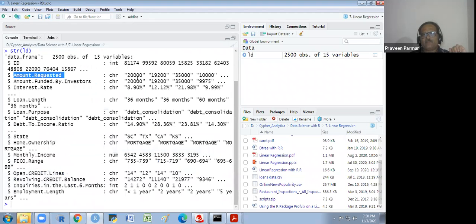Amount requested is a numeric data, but it is in quotes. So it is character now. So we have to convert this in numeric form. Amount funded by investor, we will delete it. We don't have to do anything with this. Interest rate, we have to remove this percent sign, then we have to convert in a numeric.